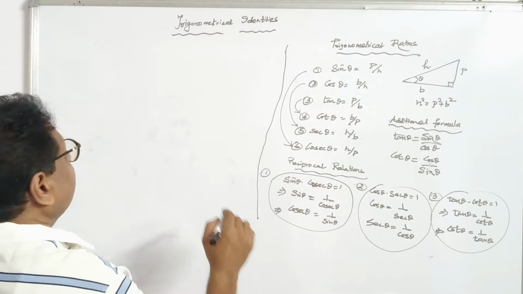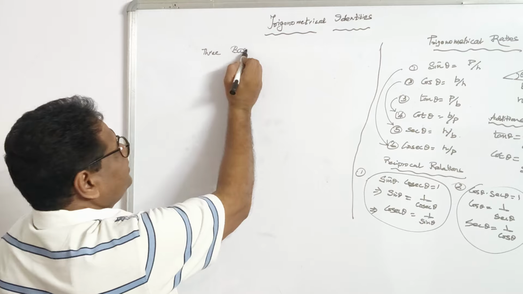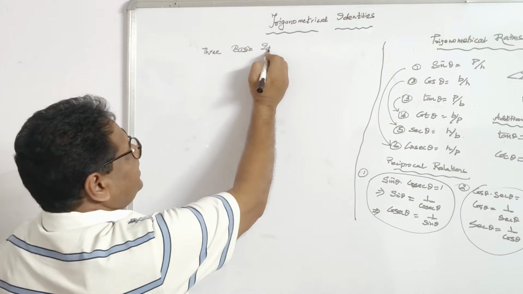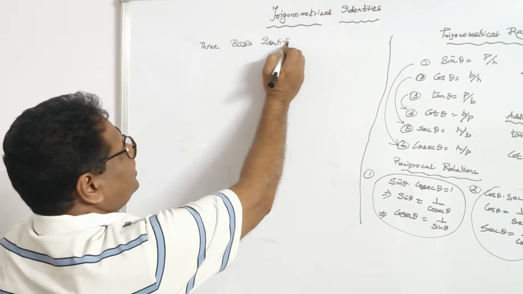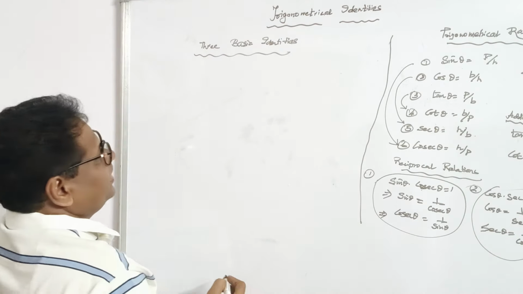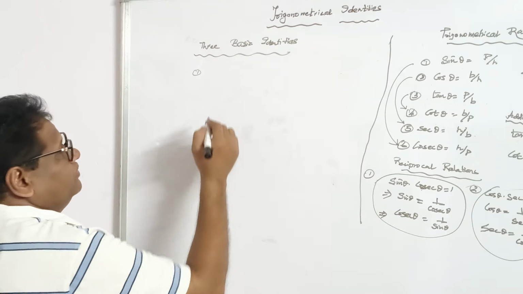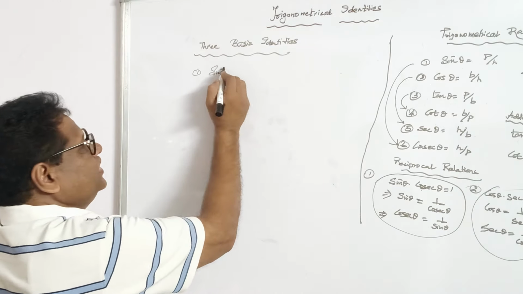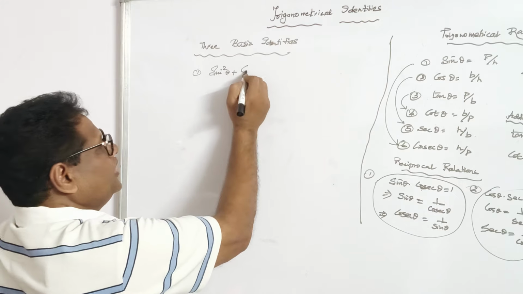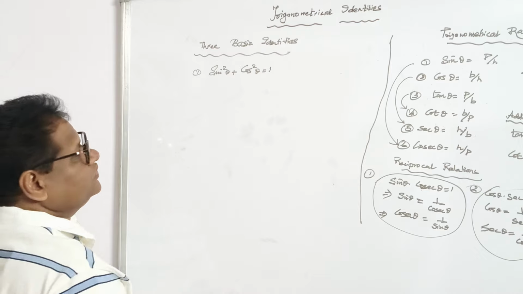But before that, we must know the three basic identities which are going to be applied while solving trigonometrical identities. First, for any value of theta, sin square theta plus cos square theta equals 1.